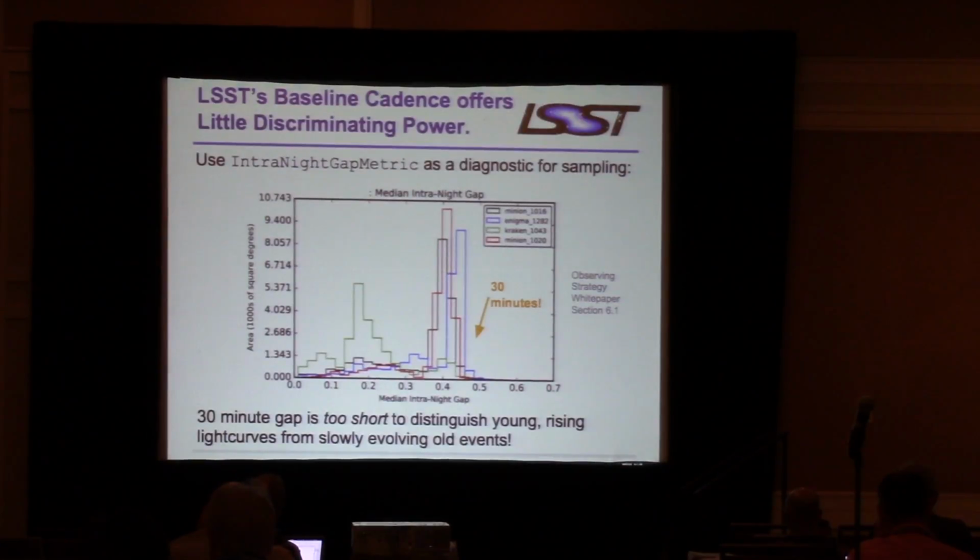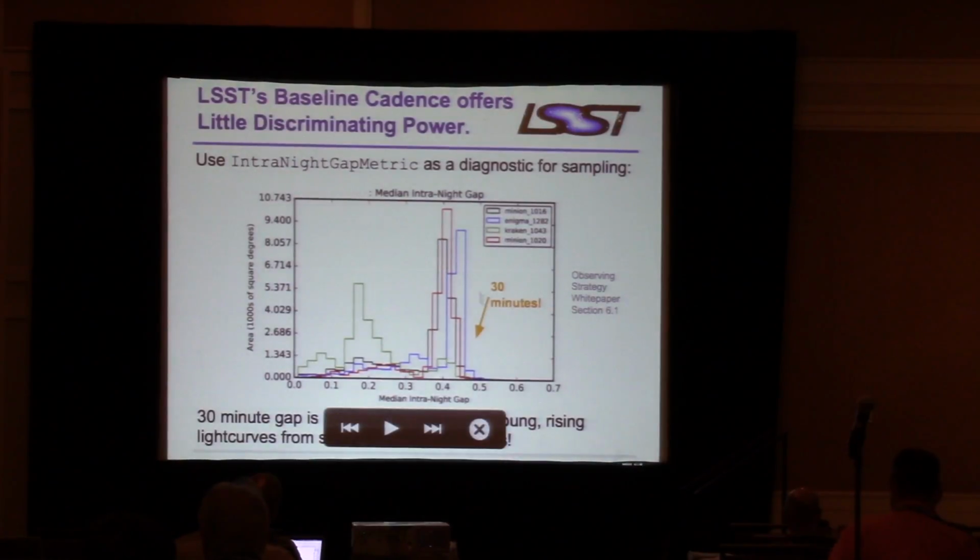So turning to the simulated cadences, the challenge is that the current simulated cadences aren't really adequate for distinguishing young and old events. We're looking at a diagnostic metric, the gap between exposures in a night. We see that virtually all exposures with LSST are currently scheduled less than 30 minutes apart.